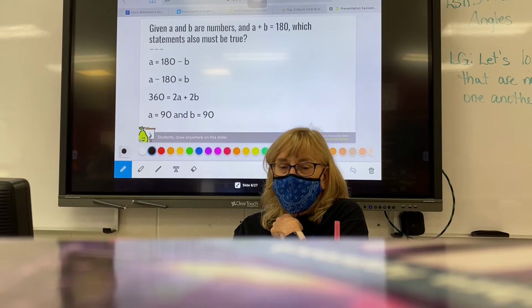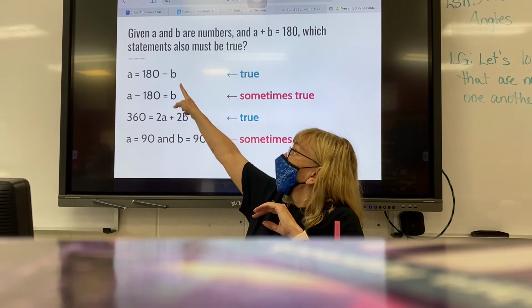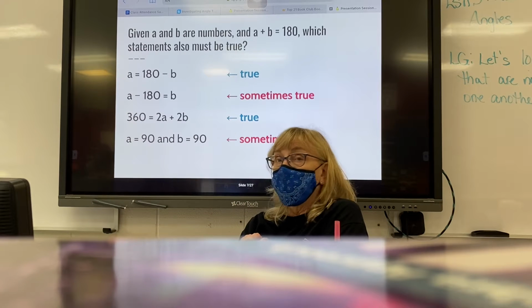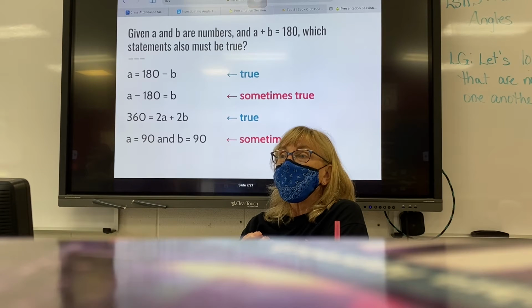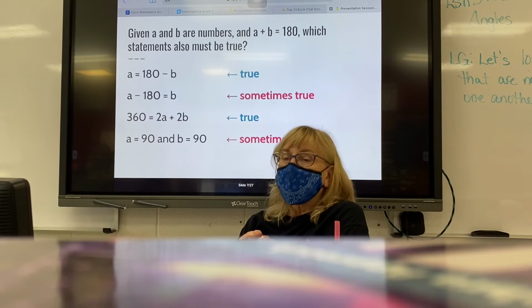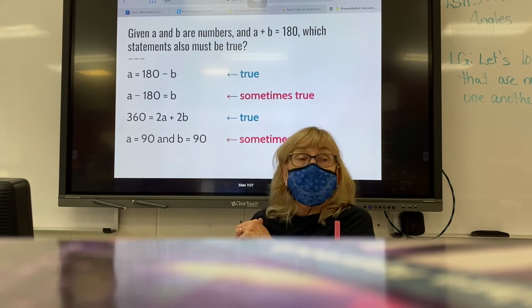All right, let's see how we did. A is always true. The first one is always true. Why? Because A and B are the sum of 180. So you would have to do 180 minus B. Could I also say 180 minus A equals B?